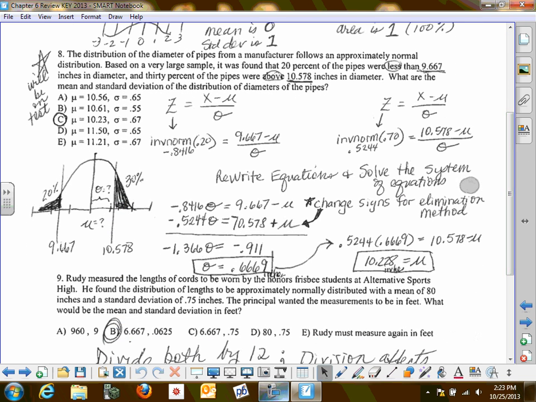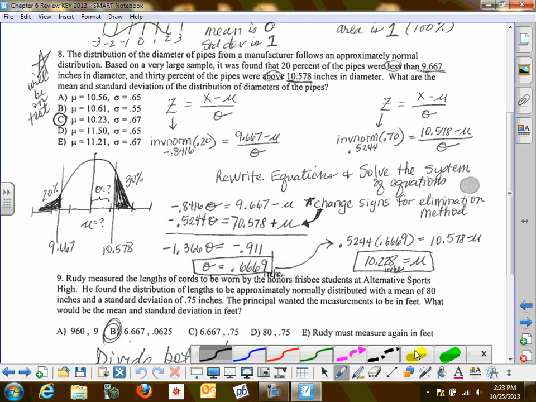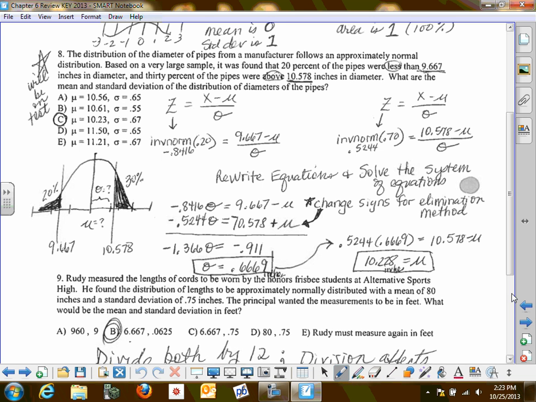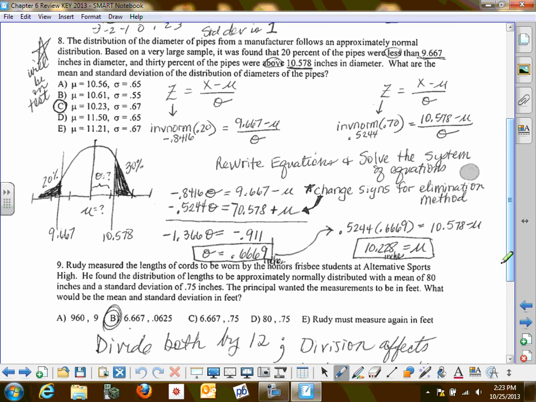I'm just going to sit here and go through some things instead of standing up and pointing. So you had your inverse norm of 0.70. Here was one of your equations, and here was the other equation. I did have some people mess up on this inverse norm.